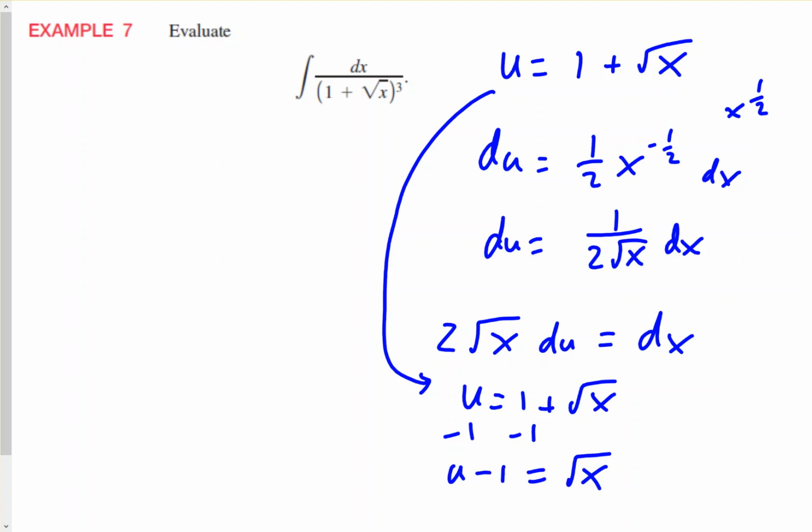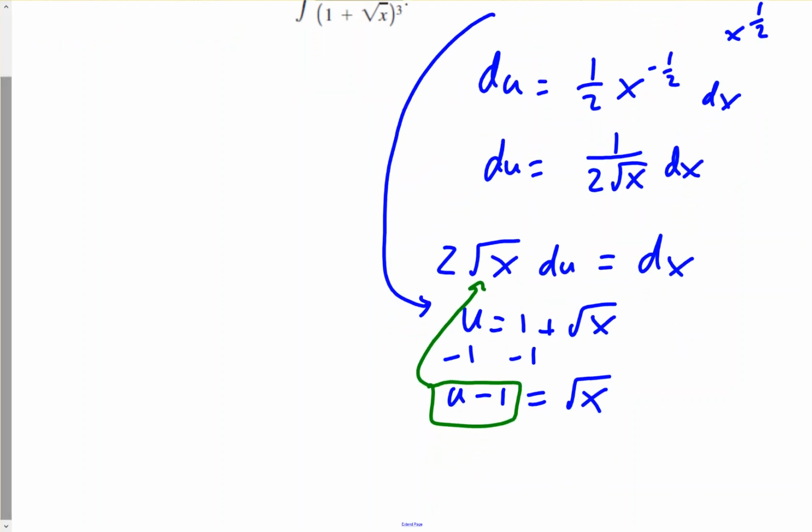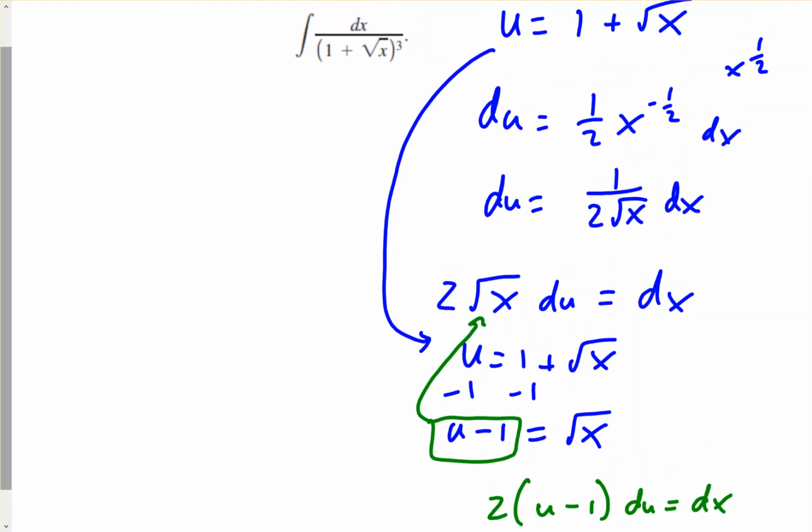So I could plug in u minus 1 in place of that radical x. Okay, so I have 2 u minus 1 du equals dx.